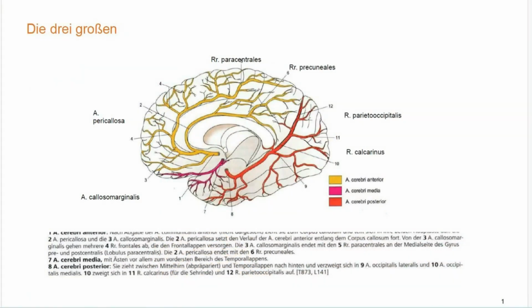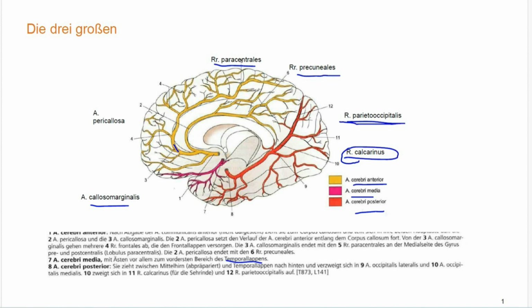Here is also an important diagram: the anterior cerebral artery, middle cerebral artery, posterior cerebral artery. The anterior cerebral artery gives some important branches, for example the callosomarginal artery and the paracentral artery, and the precuneal artery. The middle cerebral artery supplies the temporal lobes, and the posterior cerebral artery gives the parieto-occipital and the calcarine artery.